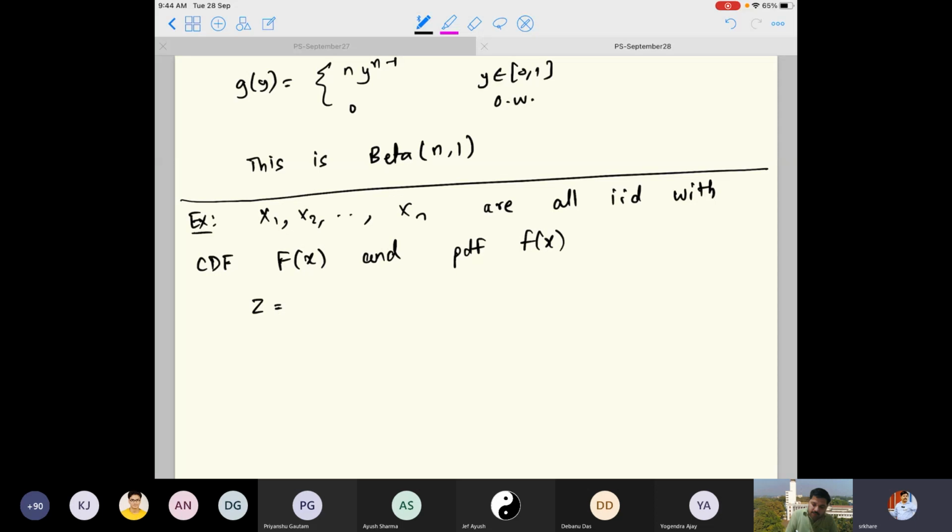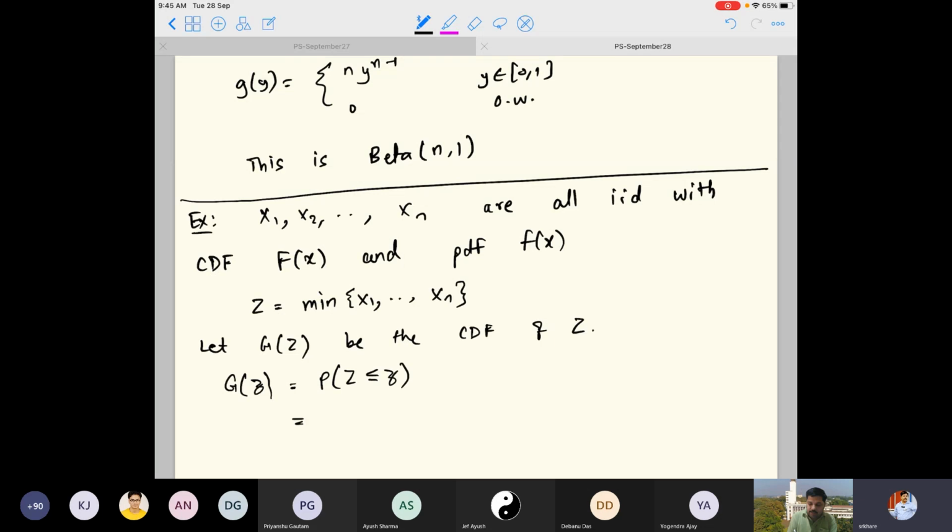And now you define the new random variable Z to be the minimum of X1, X2, up to Xn. Correct? You define this random variable Z to be the minimum of these, and you can say let G(z) be the CDF of Z. So what is this CDF of Z going to be? G(z) will be equal to probability that capital Z is less than or equal to z, which is the same as the probability that the minimum of X1 up to Xn is less than or equal to z.